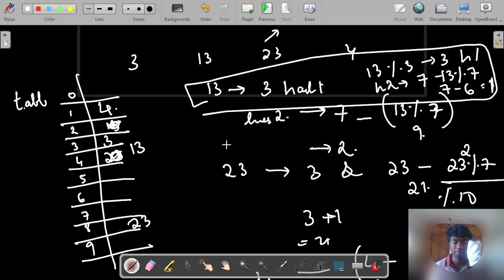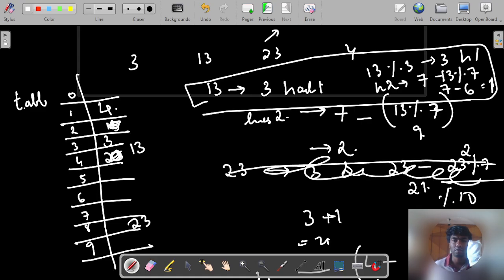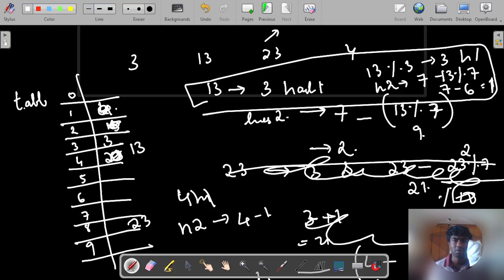And with 4, I will cancel all of these out. With 4, we know that 4 will have h1, and h2 will be equal to 7 minus 4 modulus of 7, which is 7 minus 4, which is equal to 3.